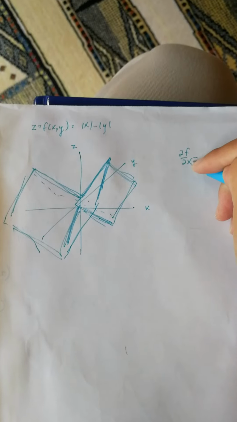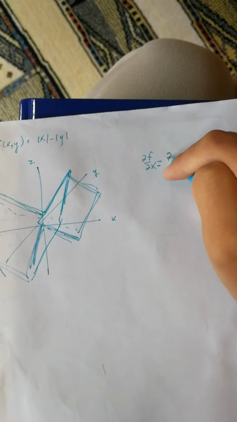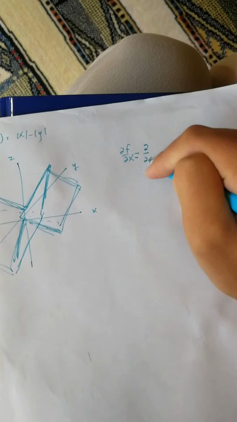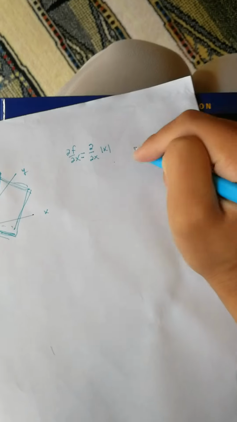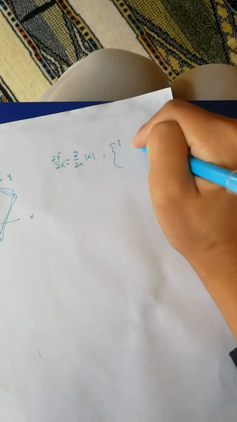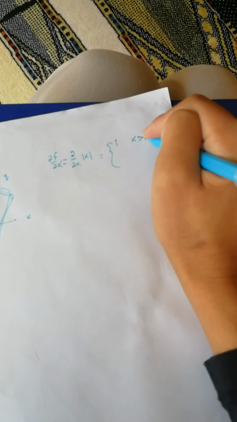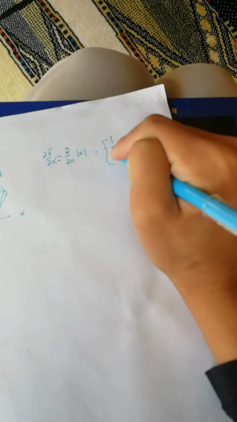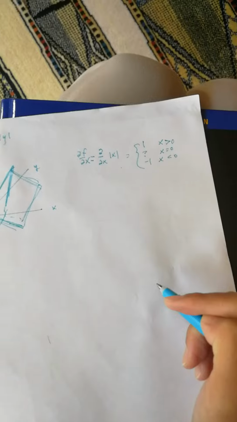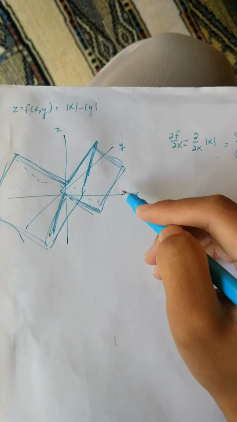Well, that's going to equal partial x of absolute value of x, which is going to equal 1 if x is greater than 0 and negative 1 if x is less than 0, and if x is equal to 0, we don't know. It's both, huh? So here's x.